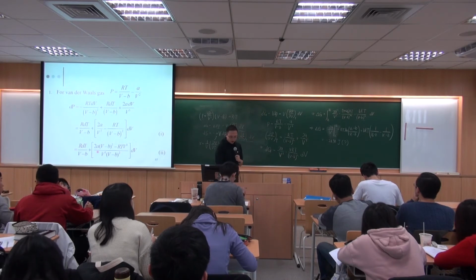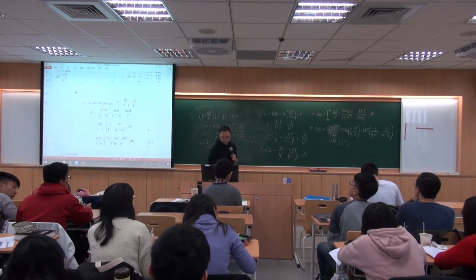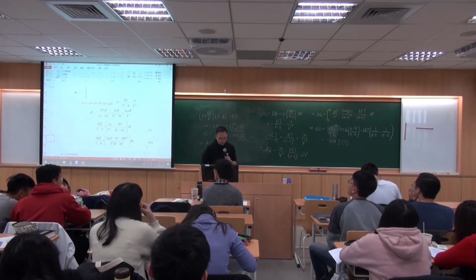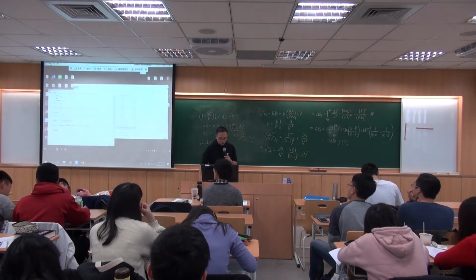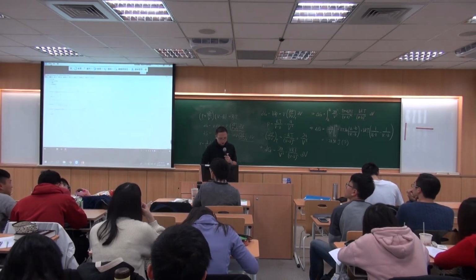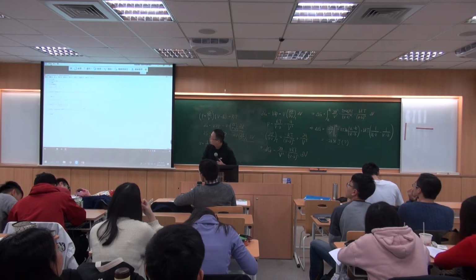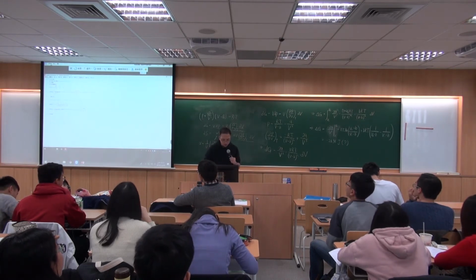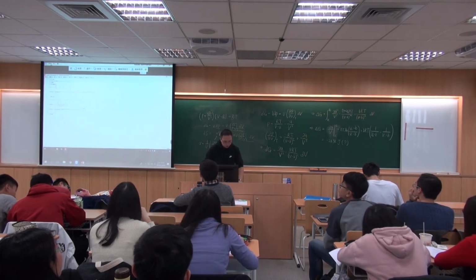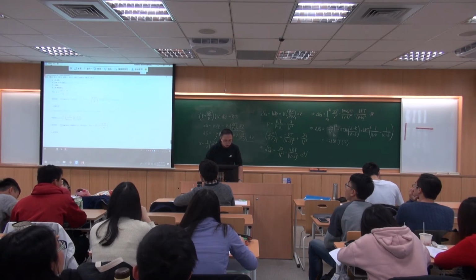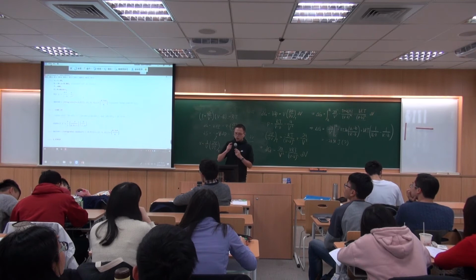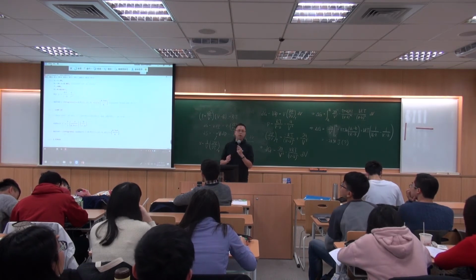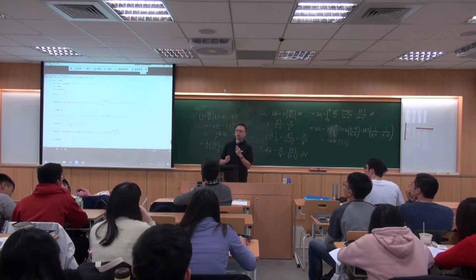So if you want to do that numerically, let's check. I typically use Mathematica to check. Maybe this is not large enough. Let me zoom in. So how many of you have Mathematica?